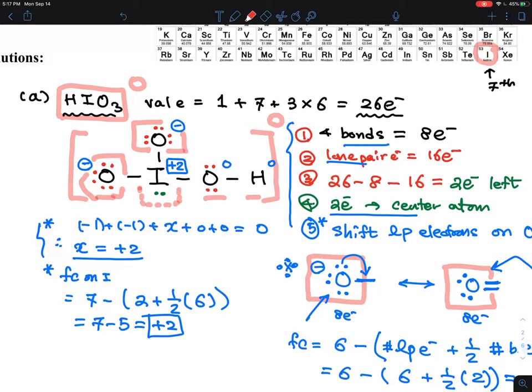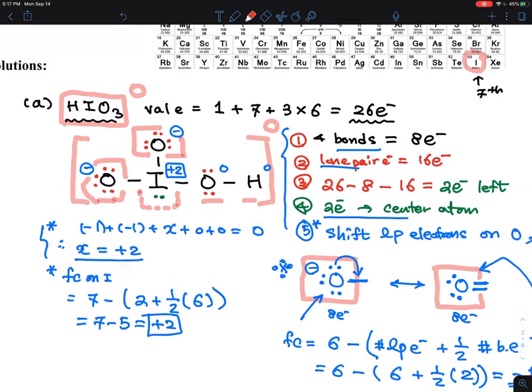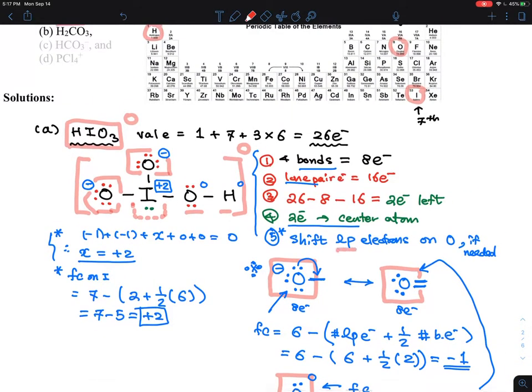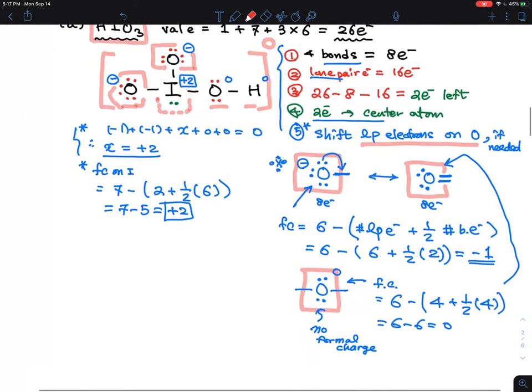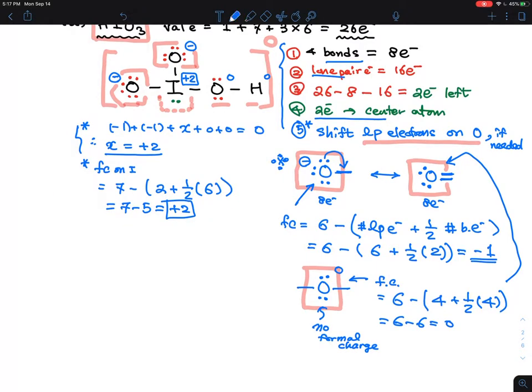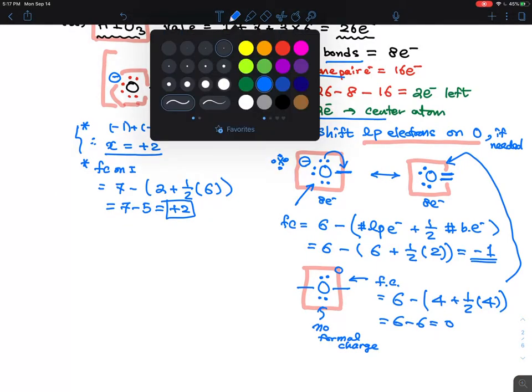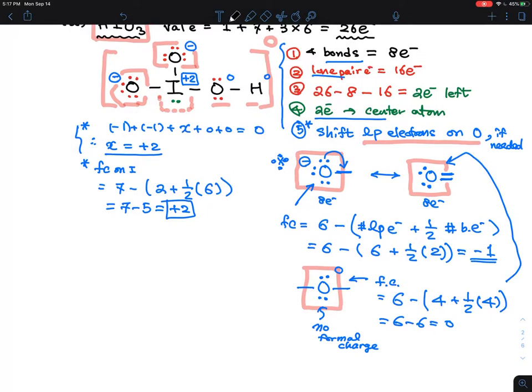The whole point of shifting lone pair electrons, particularly on oxygen, is very useful. You want to remember this. That's how you can shift the electrons to neutralize it. Okay, so I'm going to write it one more time. What I mean by that is the following. So, you guys have done that.